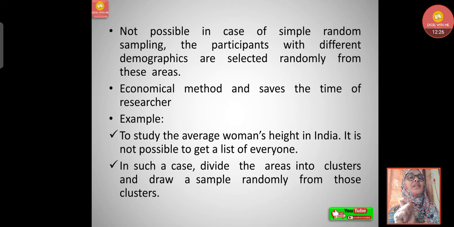To study the average women's height in India, it is not possible to get a list of everyone. So, in such a case what we will do, divide the areas into clusters, maybe north zone, south zone, east zone, west zone, northeast, northwest. How many zones we want, we can make them a cluster, draw a sample randomly from those clusters.